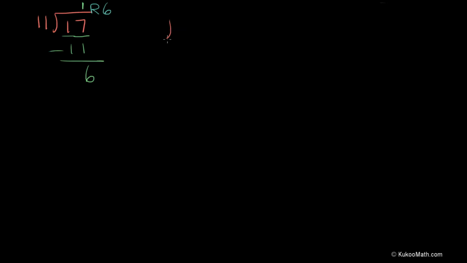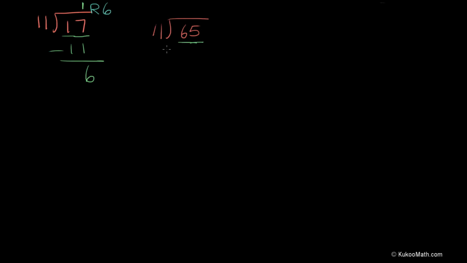Let's look at another problem. 65 divided by 11. Again, according to what we've learned so far, we're going to first see if we can do 6 divided by 11. And we can't. So we're going to extend it to become 65 divided by 11. How many times can we put 11 into 65 without going over 65?